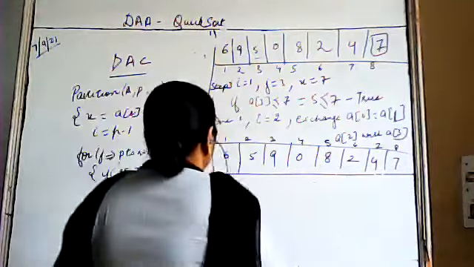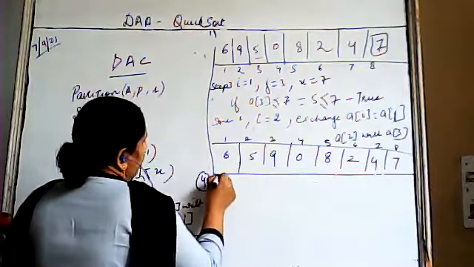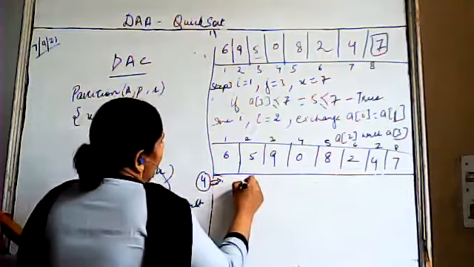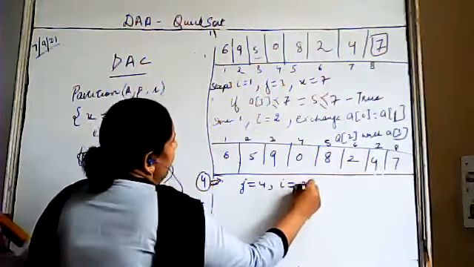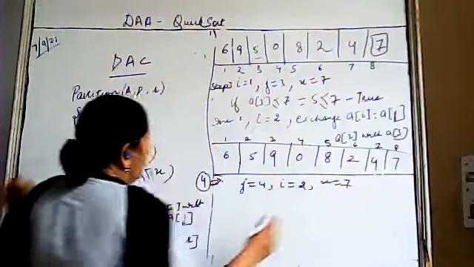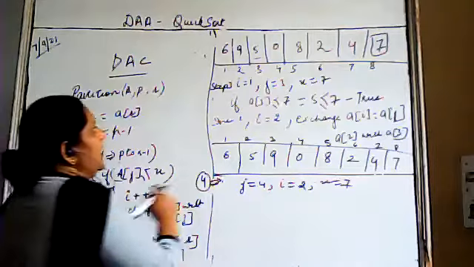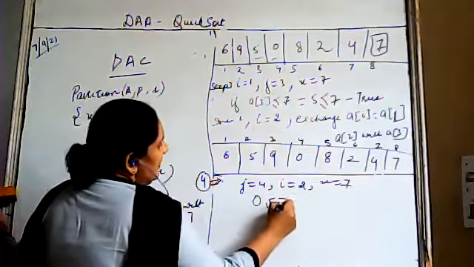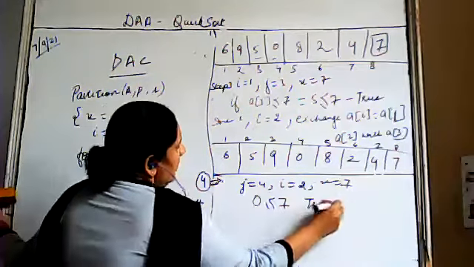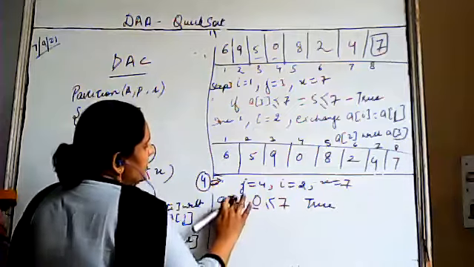Okay, now step 4. Here j will become 4. I pick this value, i is equal to 2 and x is equal to 7. Now again check if a of j is less than or equal to x. Now at index 4 we have 0. So 0 is less than 7. Condition is true because a of 4 is 0.